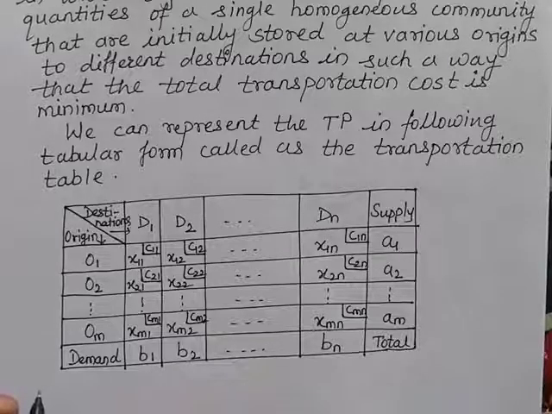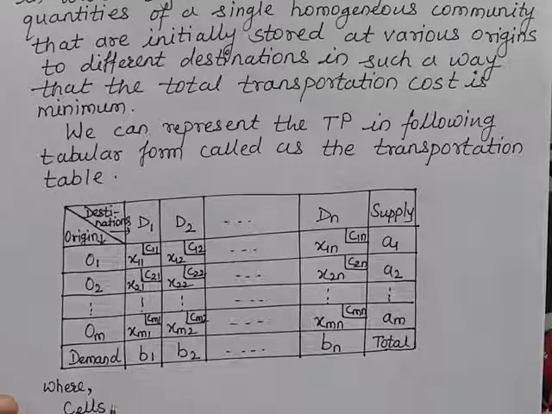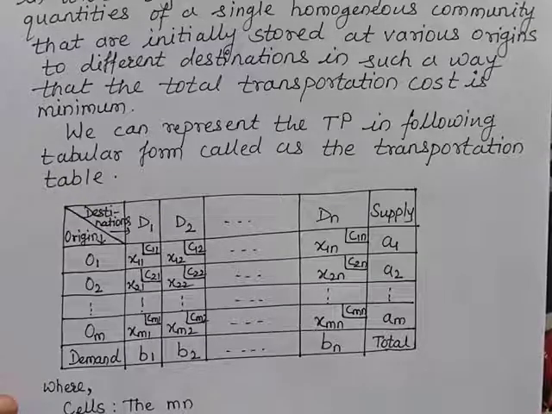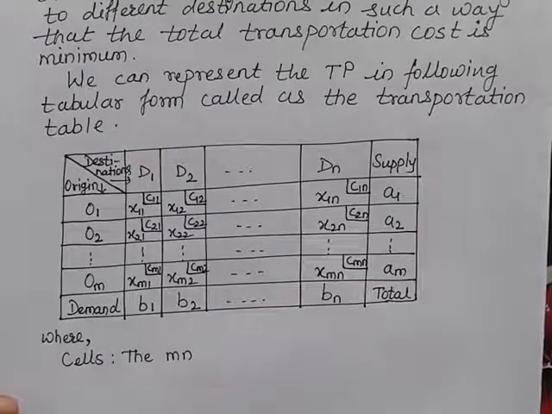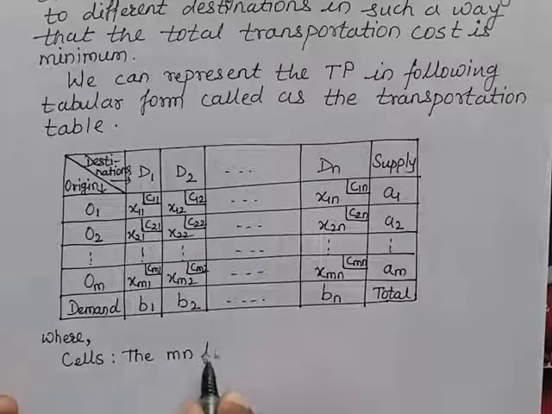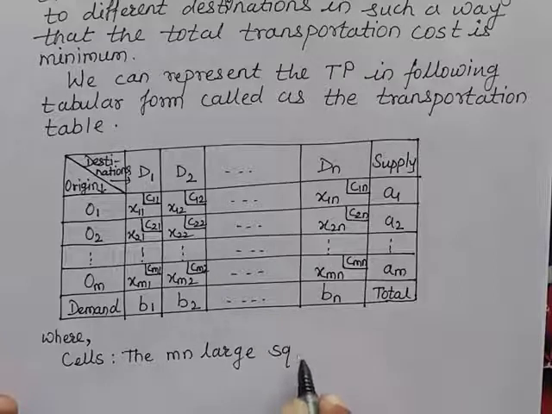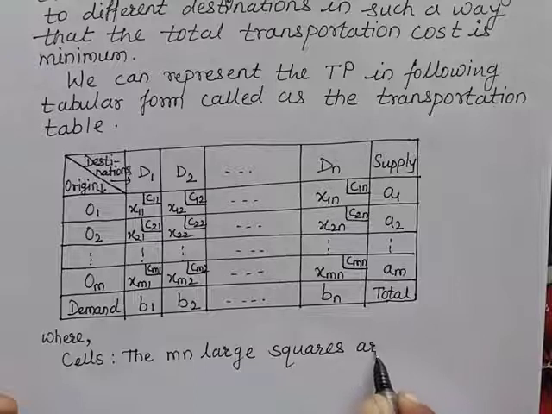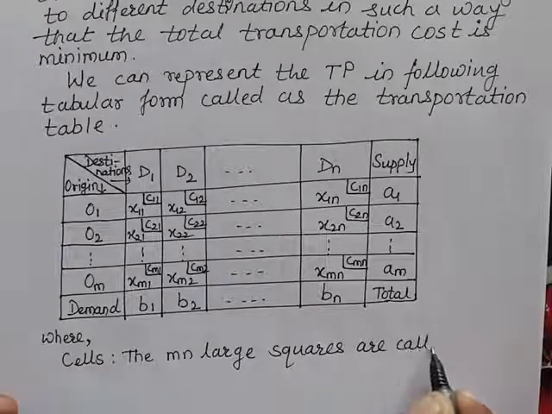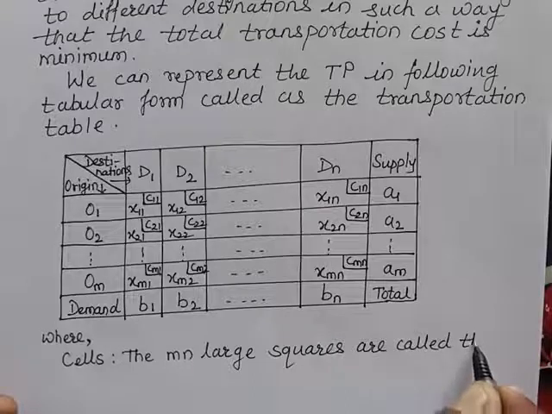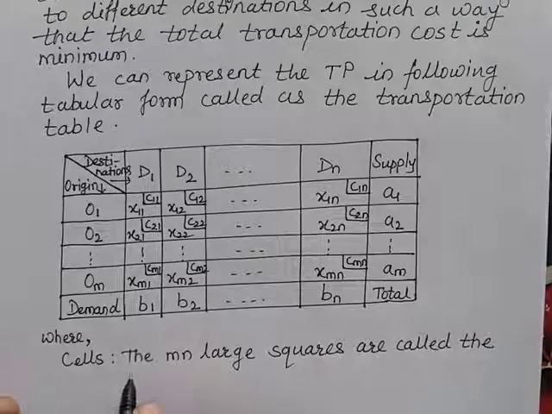So here, what are cells? The mn large squares are called the cells.